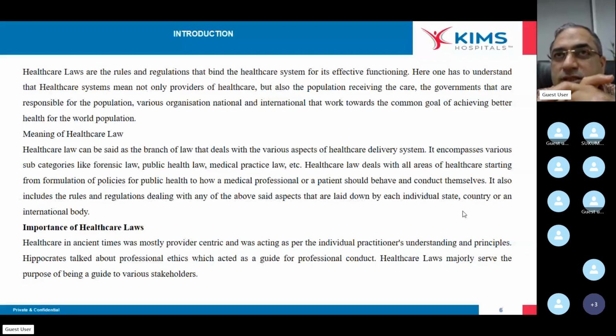Does anybody know what JCI stands for? JCI stands for Joint Commission International. This is a body from the Joint Commission for Accreditation of Healthcare Organizations.